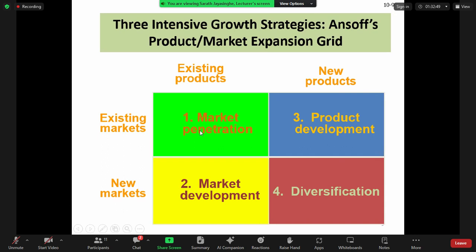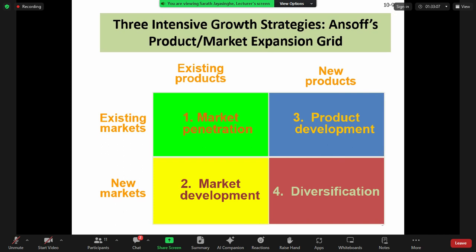Can you remember the toothpaste? Normally they want to penetrate. Toothpaste we normally use early in the morning to brush our teeth.